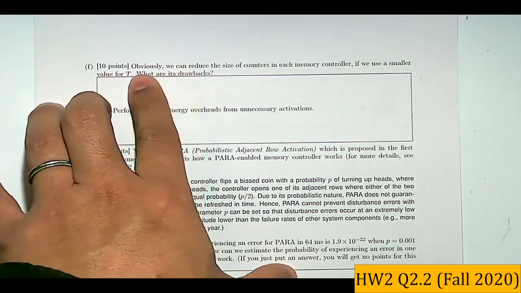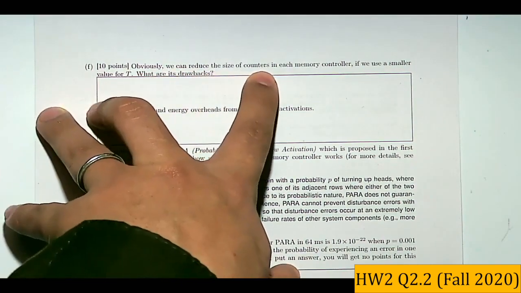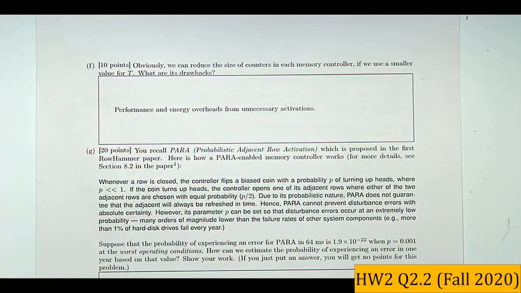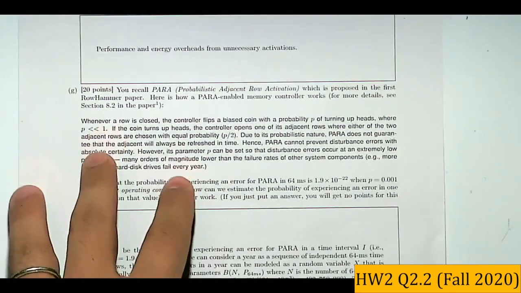We can reduce the size of the counter in each memory controller if we use a smaller value T. For example, if we use a threshold value of 1, then the size of the counters definitely should be increased a lot, but we need to refresh the adjacent row whenever we activate our row, twice or something.